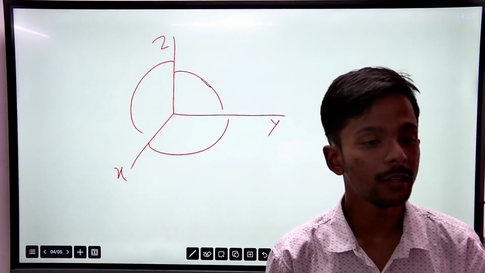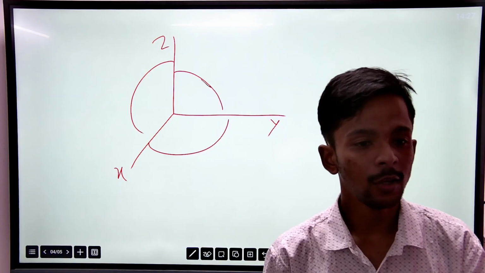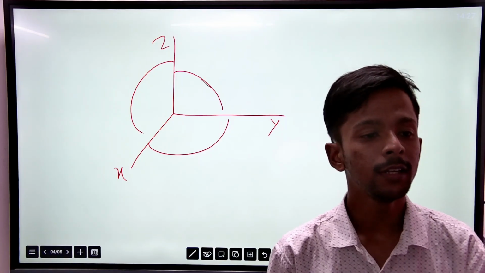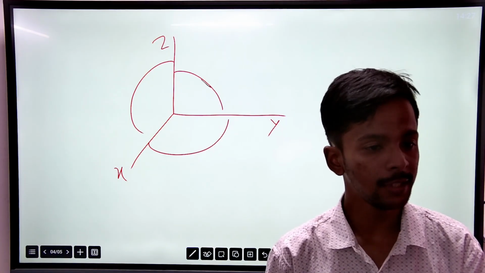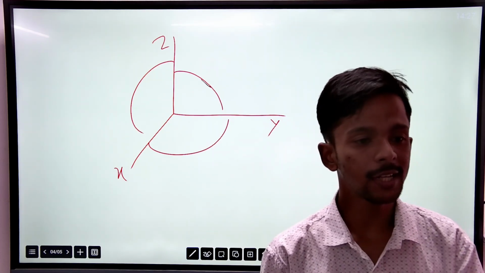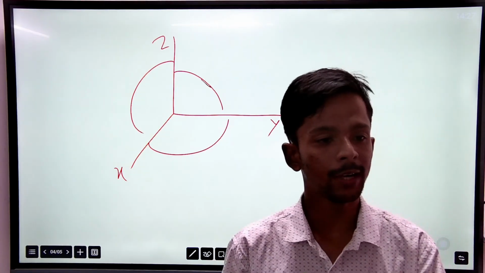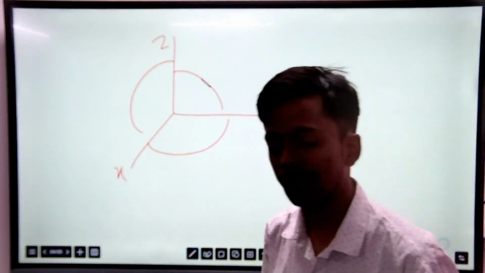So the coordinate for the yz plane will be 0, y, z. The coordinate for zx will be x, 0, z. Right? So these are the points lying on different planes. I hope you are getting this, right? After that, write the next point.